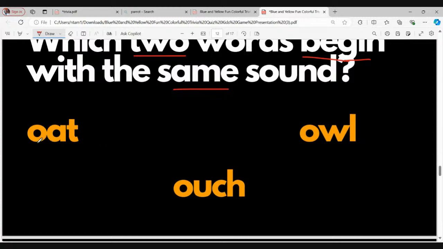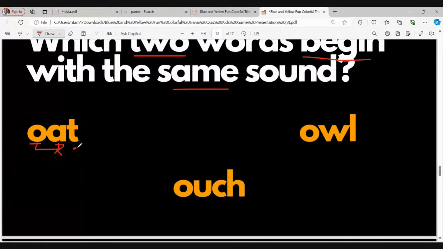Our first word, O and A together, makes the sound O. The O makes a sound, the A stays silent. We get O, and then put it together, we get oat, oat. What is an oat?